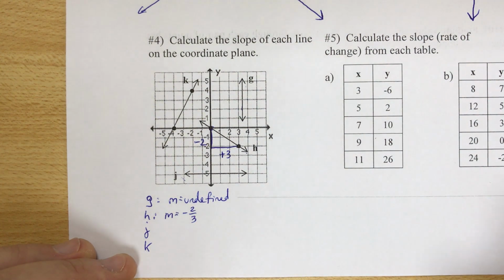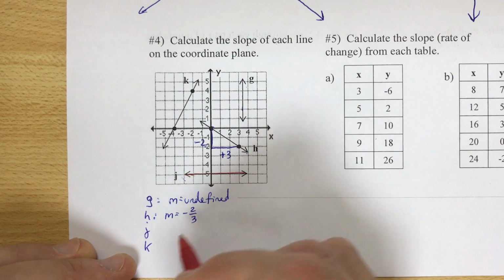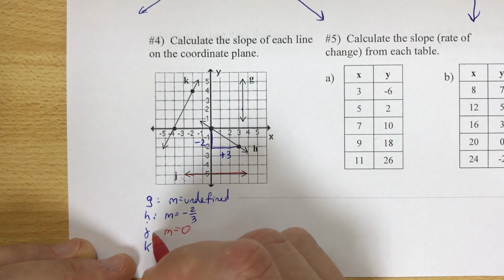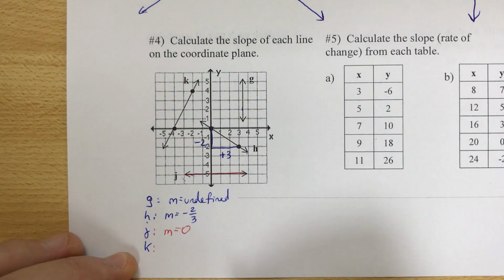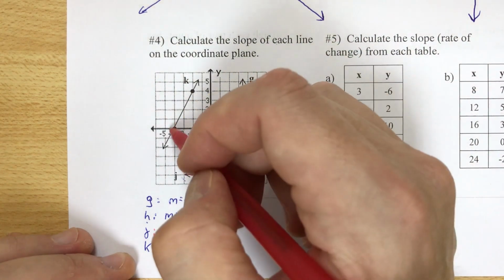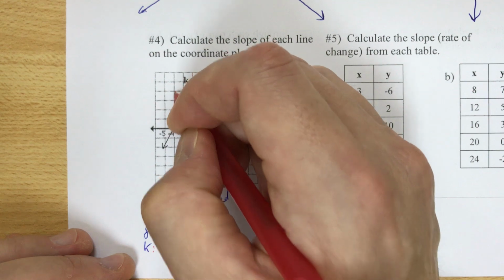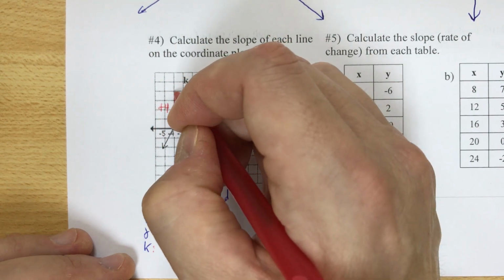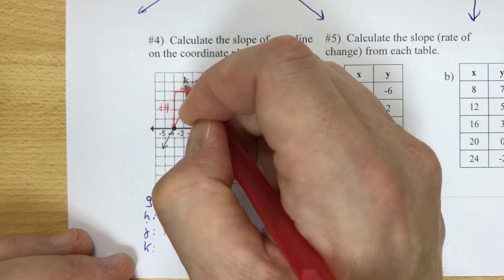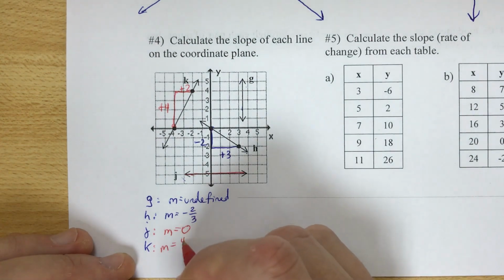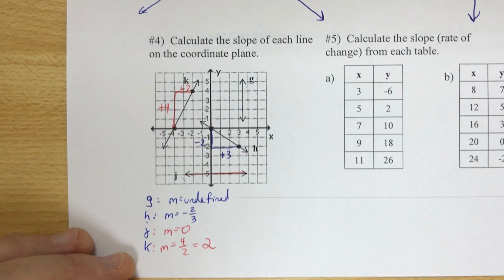Line J is down here. That's horizontal. That's automatically a 0 slope. We don't need to count that. Line K is here. I'll start at this point. We'll go up 1, 2, 3, 4. That's positive. And we'll run to the right 1, 2, which is positive. And 4 divided by 2 reduces to 2.